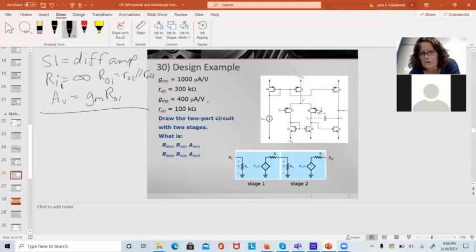My stage two is this Q5. We decided this is a common source amplifier. So we can go back to the chart, or we can just remember for a common source amplifier, the input resistance is looking in there. So Rn2 is infinity. And the output resistance, RO2, is R07 in parallel with R06.